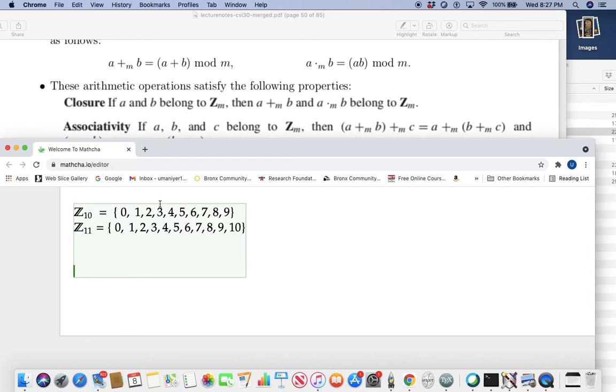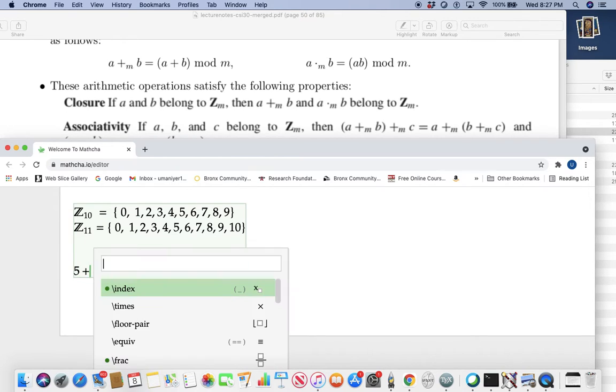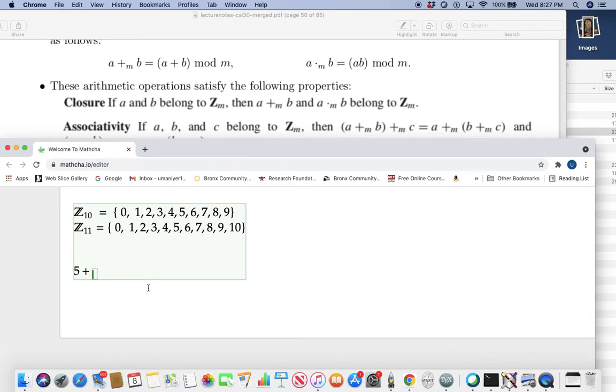If I want to add 5 and 7, 5 plus 7 in modulo 10 is what? Well, you take 5 and 7, 5 plus 7 is 12, and then divide by your m and look for the remainder.